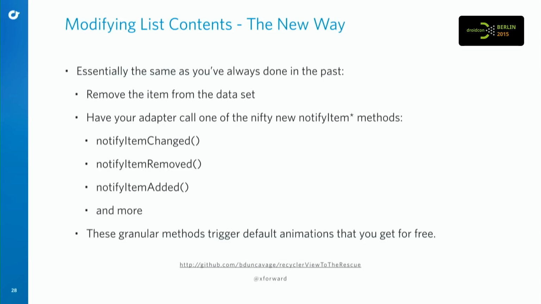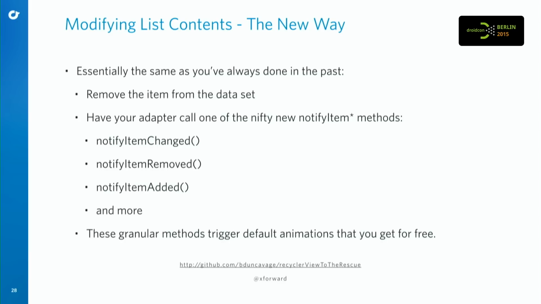Now we have all these new, really nice APIs for actually telling the observer, in this case RecyclerView is the data set observer, exactly what happened. Oh, hey, an item changed, you give it a position. An item was removed at this position. An item was added at this position. There's also more. You can say a range of items have changed.